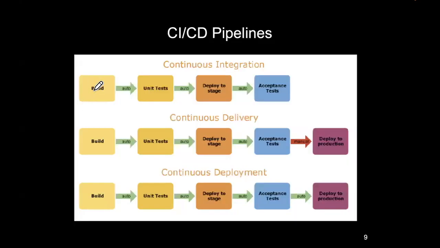This is just a visual representation of the difference. I found it somewhere on the web, but it shows the difference between continuous integration, continuous delivery, and continuous deployment. This is the continuous integration pipeline, as we talk about these things as pipelines. So again, just to quickly go through it, the first stage of continuous integration is the build stage.